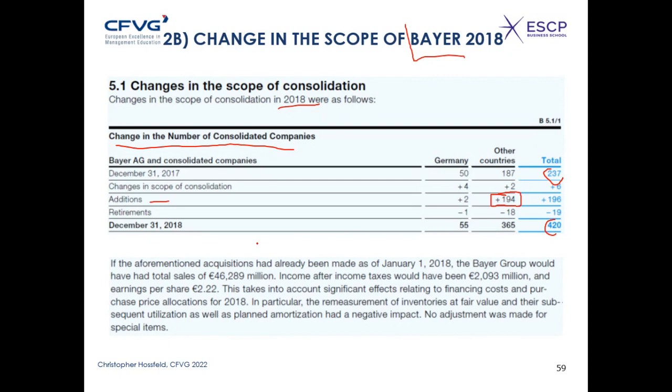And the same thing as for Holcim, they present as if information, if the acquisitions had already been made as of January 1st, not during the year, but January 1st. What would be the pro forma sales revenue? What would be the net profit after taxes, and what would be earnings per share if we had done all this before? So this is the pro forma information. So here also pro forma information that is given on the income statement only, basically.